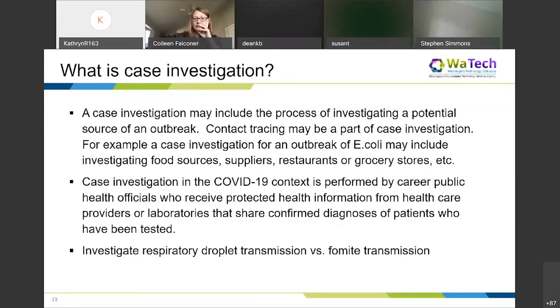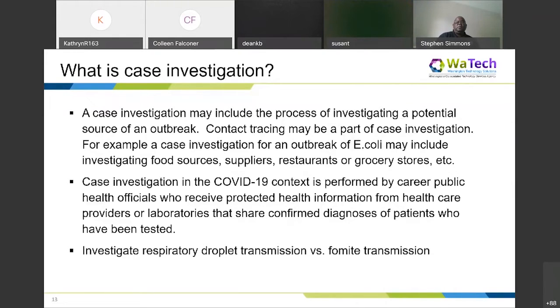Another part of the investigation that happens is that there's been some discussion between respiratory droplet transmission versus fomite transmission. And just for reference, fomite transmission is when the virus is on objects like doorknobs or elevator buttons.